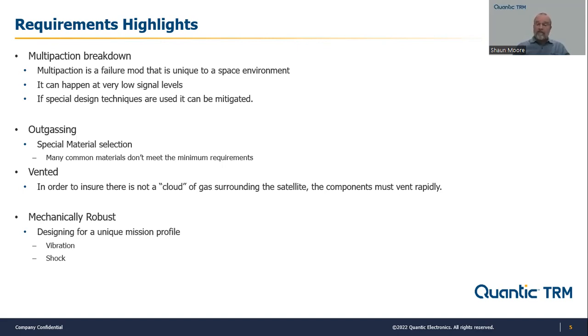So planning for that and calculating exactly how large vent holes need to be so that the venting actually happens is pretty important for most applications, and something that we do routinely here at Quantic TRM. And really the last item is making sure that we have parts that are mechanically robust.